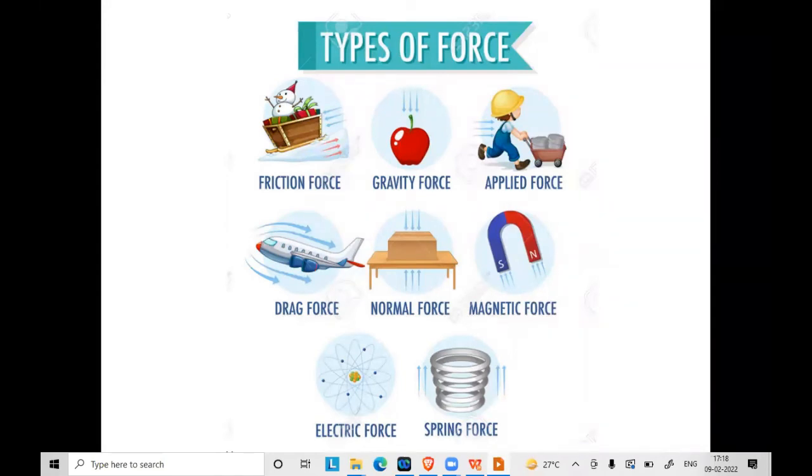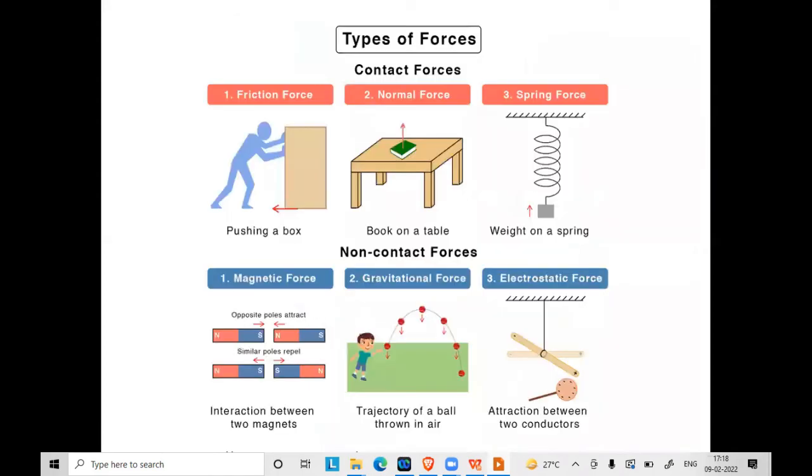And then you have a normal force which arises because there are two bodies in contact, and which is perpendicular to the surface on which the body is kept. You have a magnetic force, an electric force, and a spring force. And these forces are further classified into contact forces and non-contact forces.